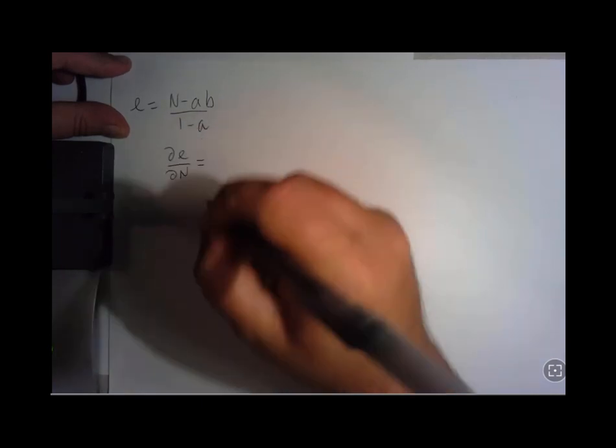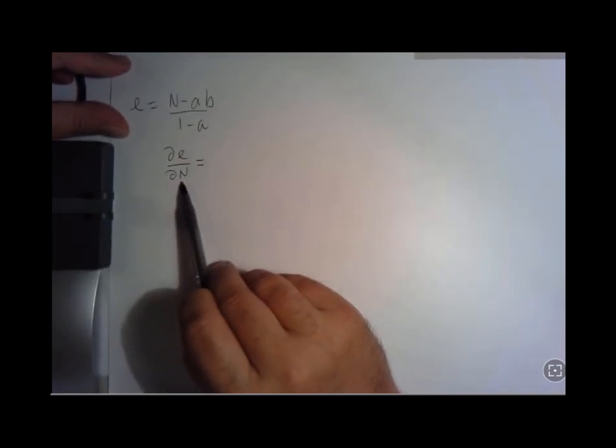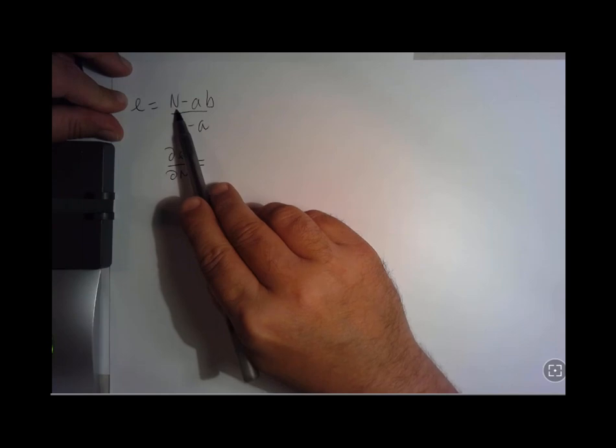So the derivative of the effective rate of protection with respect to N, given this expression, N shows up in the numerator.